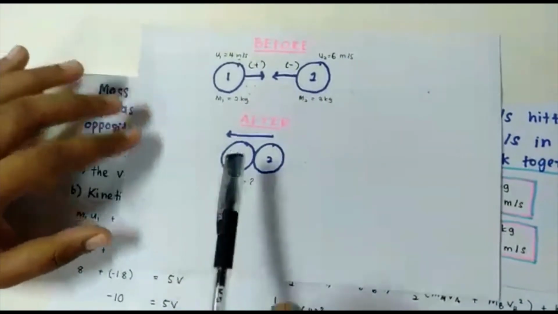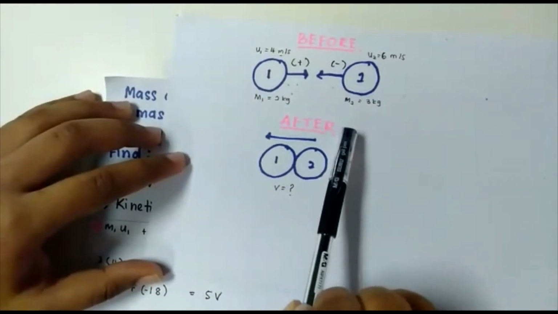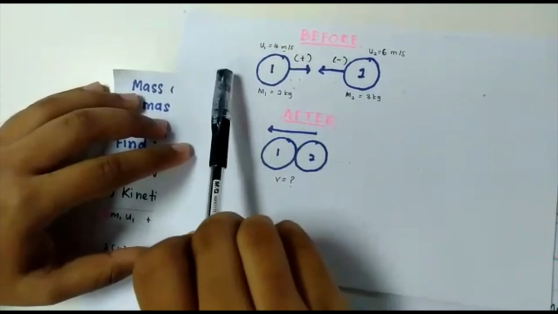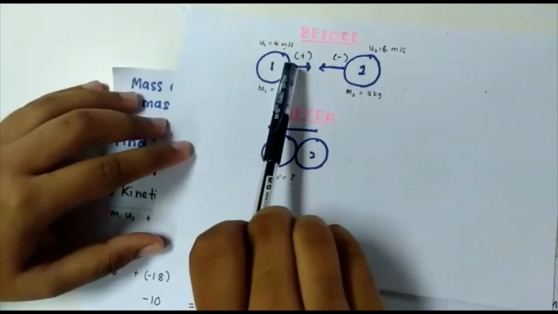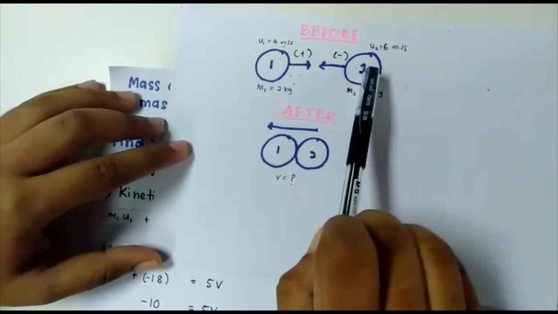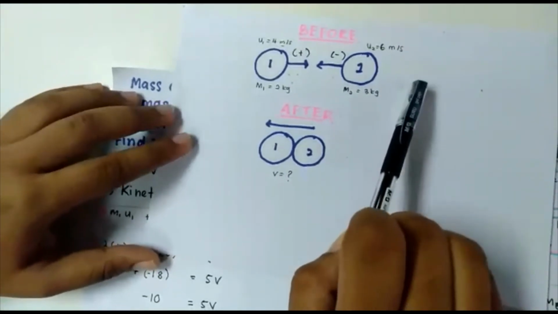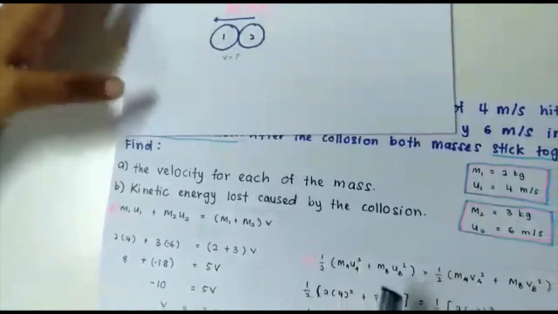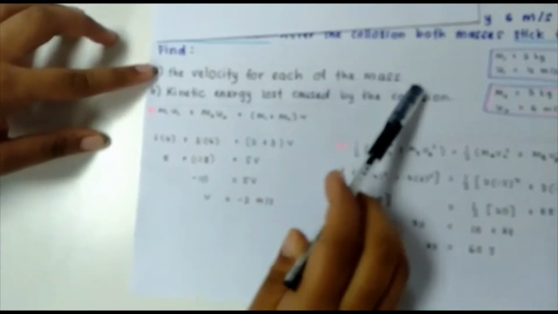So the mass for ball 1 is 2 kg and the mass for ball 2 is 3 kg, while the initial velocity for ball 1 is 4 meter per second, and the initial velocity for ball 2 is 6 meter per second. So we have to find the velocity for each of the masses.